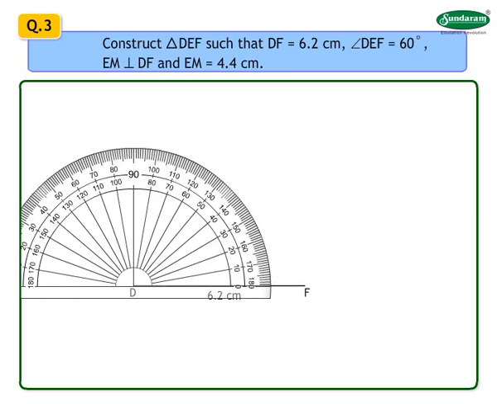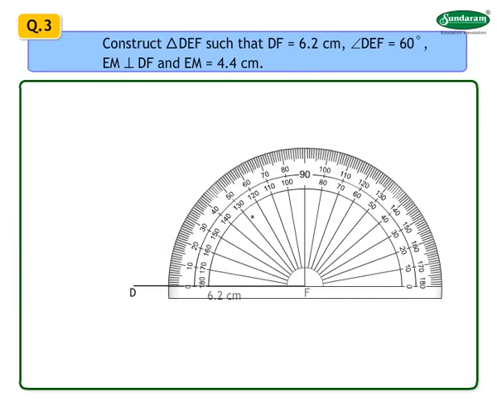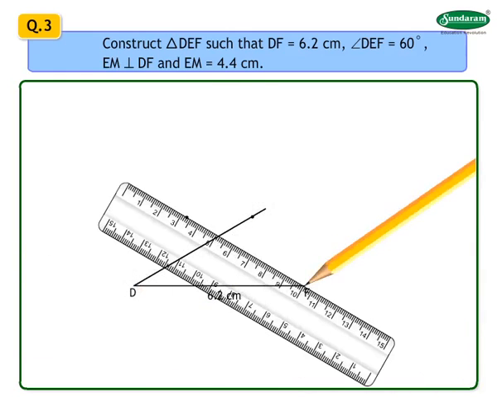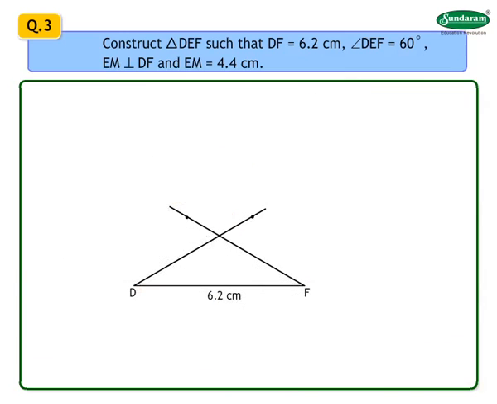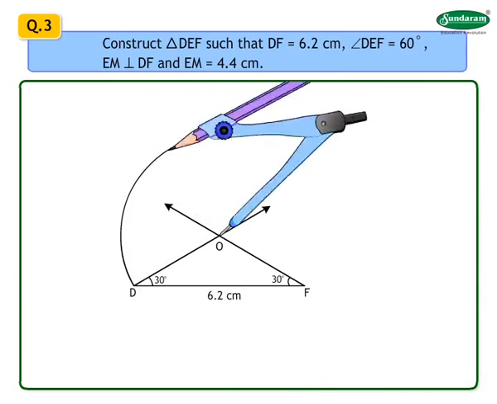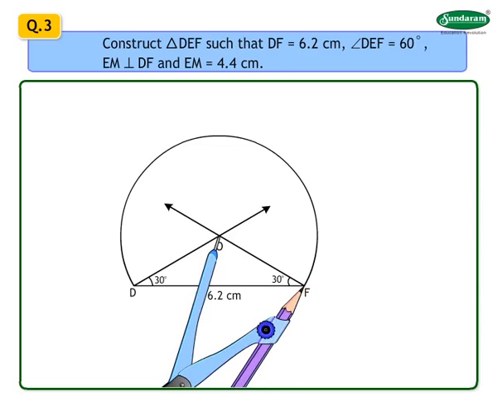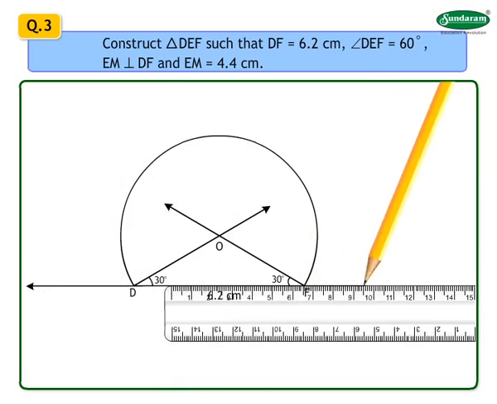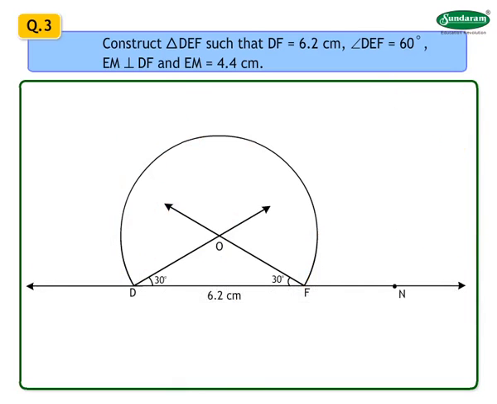Now, at the endpoints of segment DF, draw angles of 30 degrees each and let the intersection of arms of angle be O. Taking O as the center and OD as radius, draw an arc to the center side of the circle. Extend the segment DF and take any point N on it.